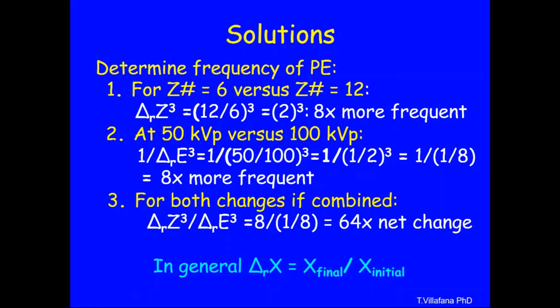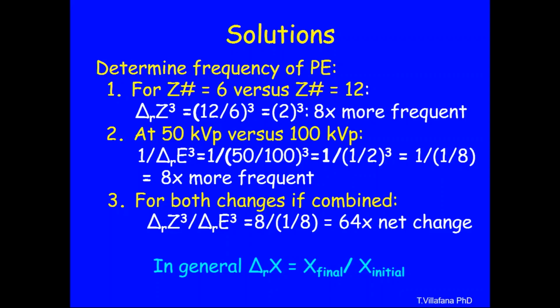On the boards, they've promised not to give any nitty-gritty little calculations like these, but the concept, and emphasize the concept. Concept number one, in mammography or in any diagnostic test that requires a soft tissue differentiation, go to low energies.